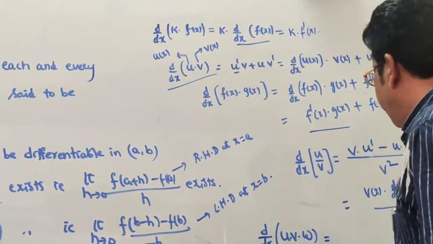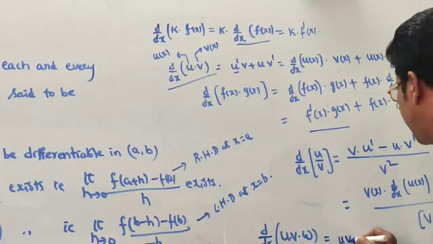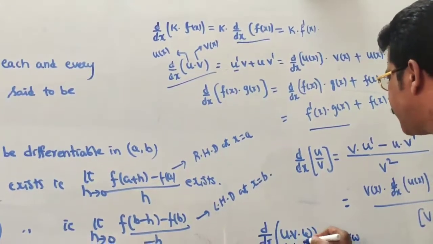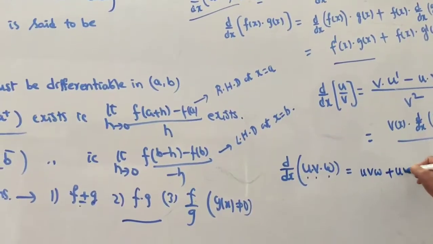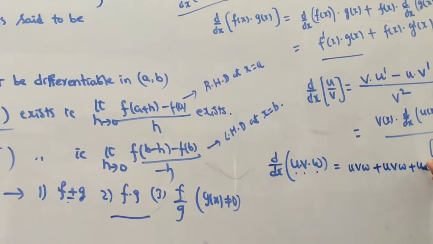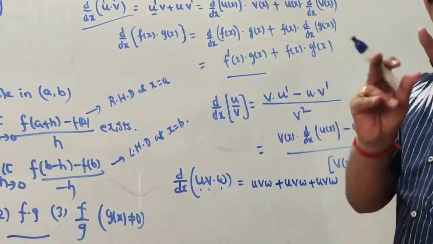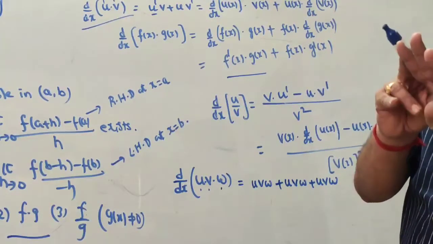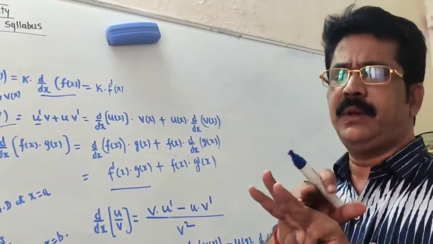First, I will tell the easy remembrance. Write u, v, w. How many functions are there? Three functions are there. Write three sums just like that. U, v, w, u, v, w. Later, order of preference is alphabetical order. In alphabet, first u comes, later v, later w, just like that.